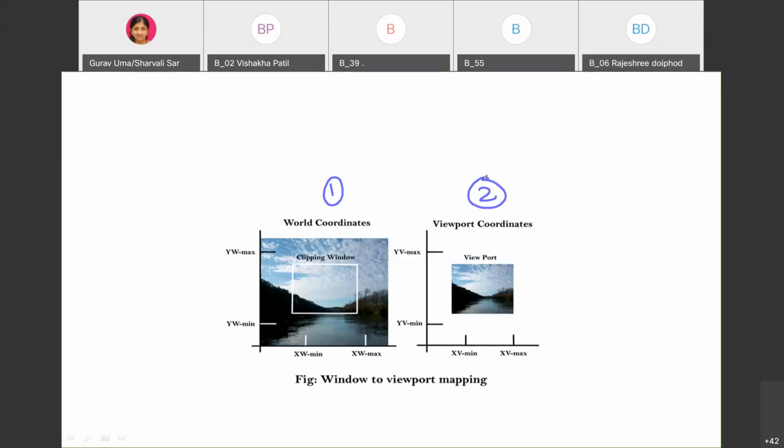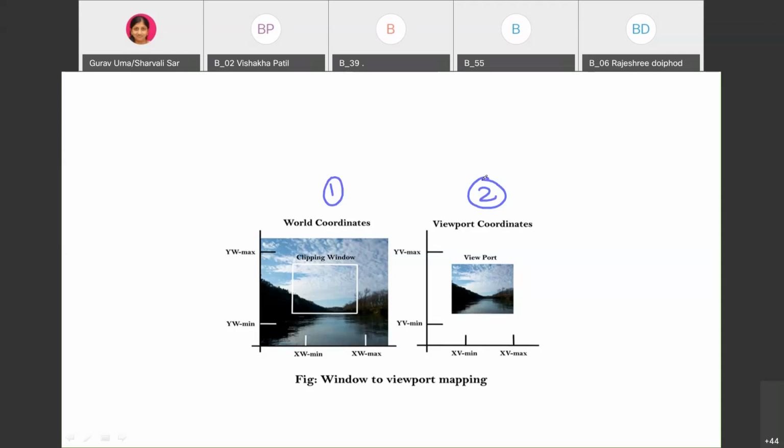The whole image is displayed in the first window, that is the world coordinate. World coordinate means real life image. The whole image is displayed in the world coordinate, and in the viewport only the image from the window is visible.